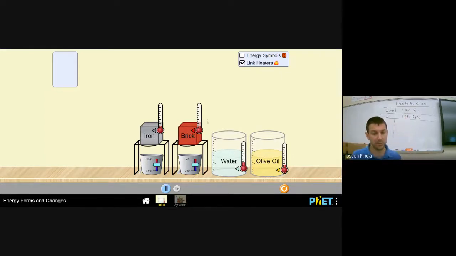We just said that brick has a lower specific heat capacity than iron. That means brick should change its temperature much more dramatically than the iron. Let's have a watch in 3, 2, 1.